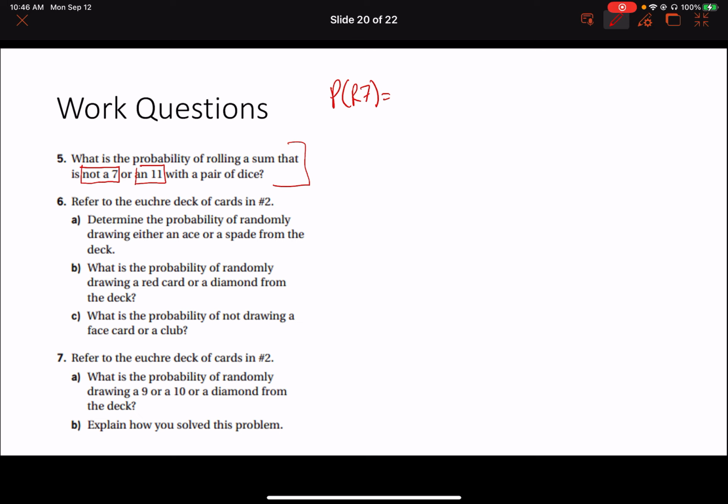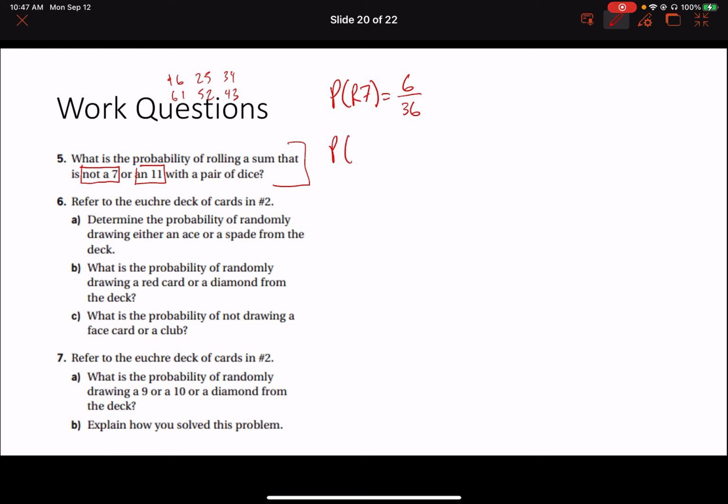It was basically, we could count it, right? You could count 1 and 6, 6 and 1. We could count 2 and 5, 5 and 2. We could also count 3 and 4, 4 and 3, and that's basically it, 6 out of 36, right? That's the probability of getting a 7.